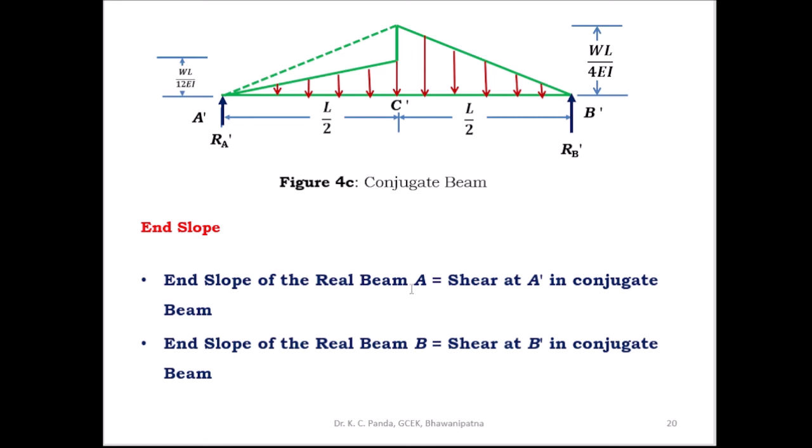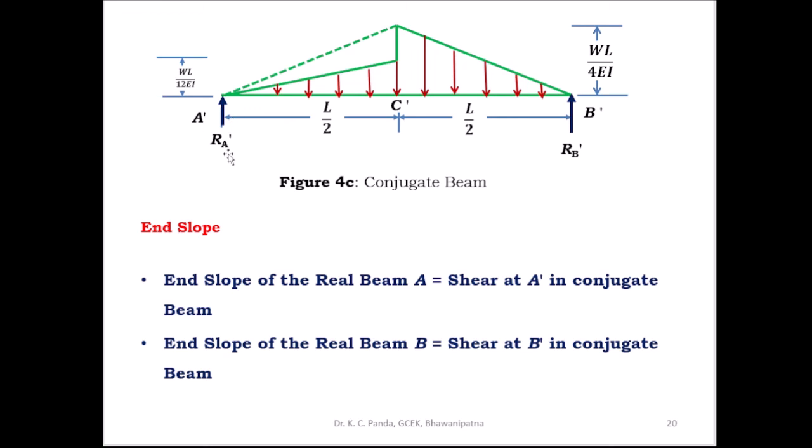End slope of the real beam A is equal to the shear at A dash in the conjugate beam. Similarly, the end slope of the real beam B is equal to the shear at B dash in the conjugate beam. So here you have to find out what is the shear force at A dash and at B dash in the conjugate beam. So that is equal to the slope at A and slope at B of the real beam.